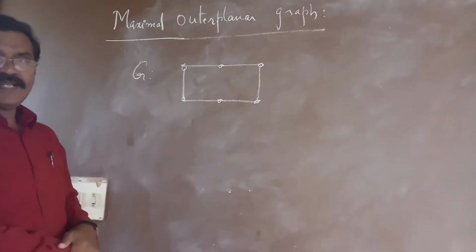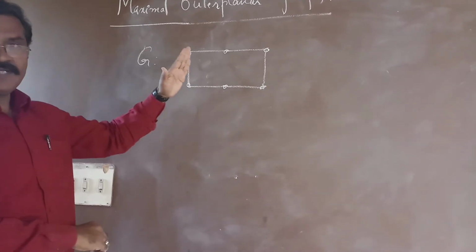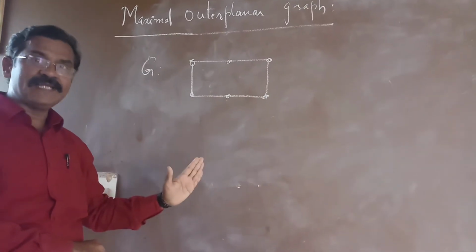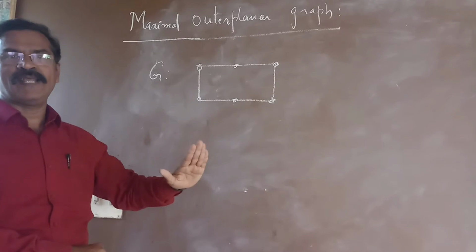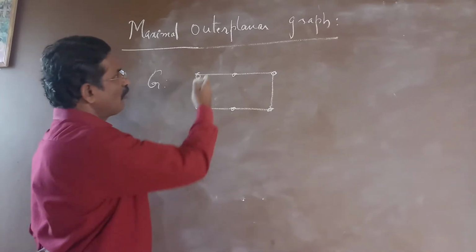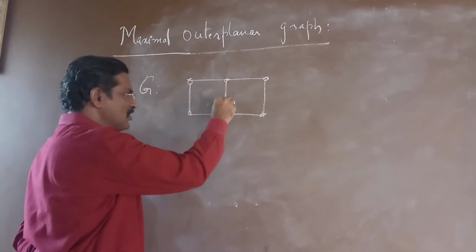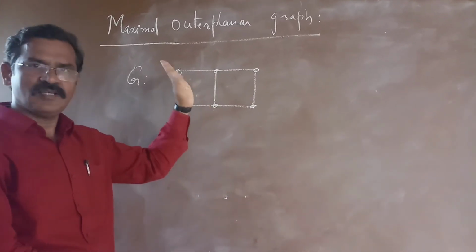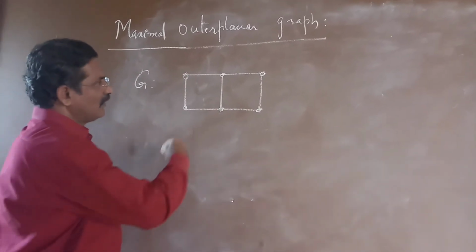Is it maximal outer planar? Maximal outer planar means an outer planar graph in which no edge can be added without losing outer planarity. But here we can add one more edge and it is still outer planar. So it is not maximal outer planar.